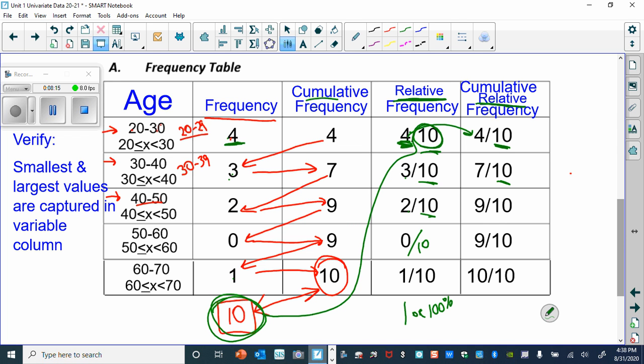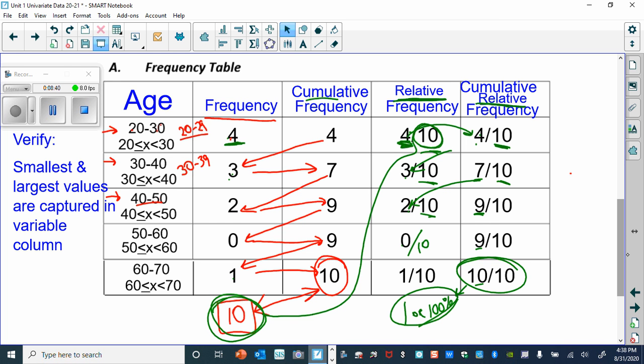So 4 out of 10, add the 3, 7 out of 10, add the 2 that are in their 40s, 9 out of 10, none, no more added, still 9, and 10. And again, this last number also has to be matching this, 1 or 100%. And so that's just kind of organizing it.